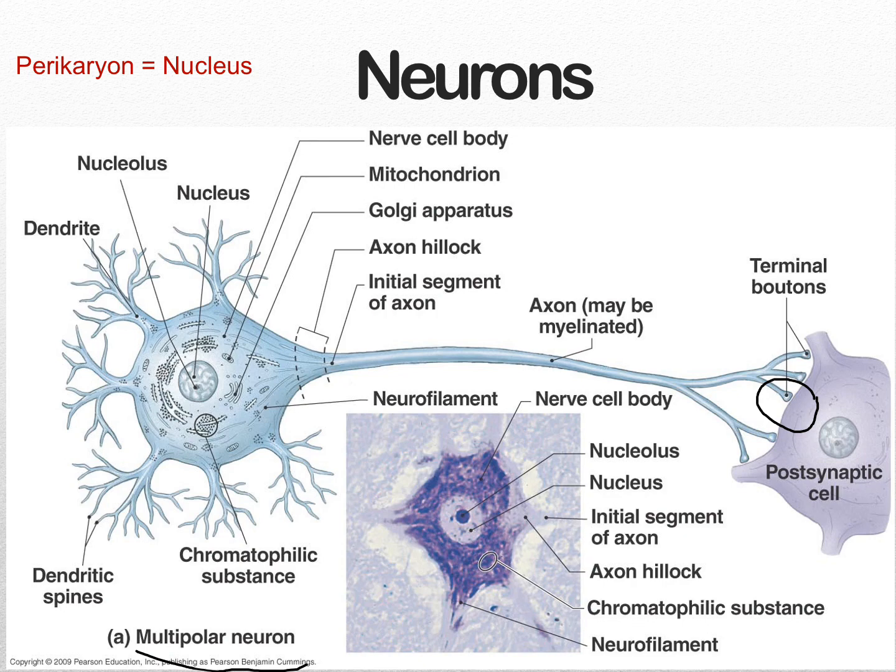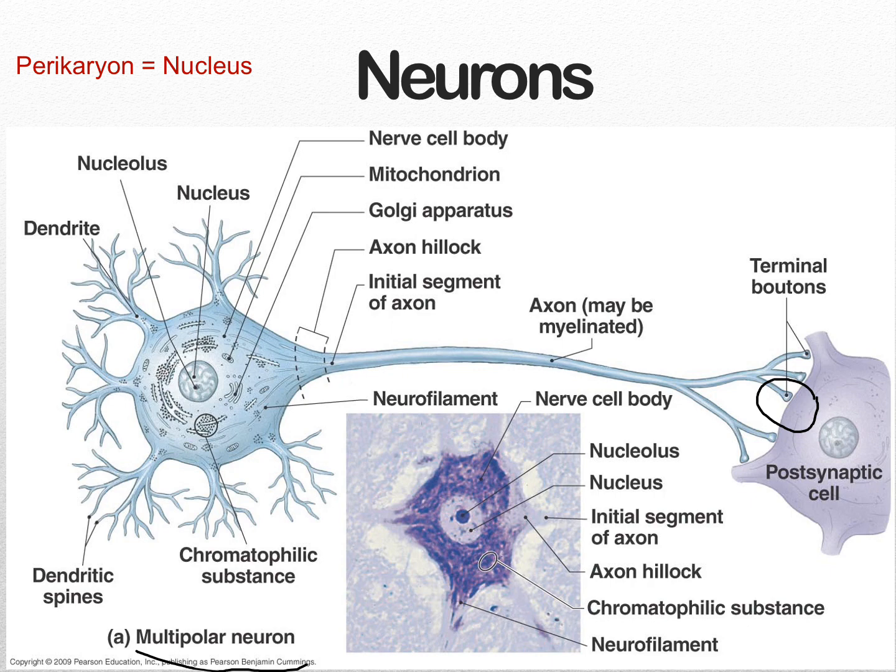Now let's go into the soma, and we see, like all cells, or most cells, can't say all, we have a nucleus, and inside the nucleus we have the nucleolus. But we have a special name for the nucleus of neurons, and we call it a perikaryon. Okay, so I put that up there on the top in red. It just has a special name.